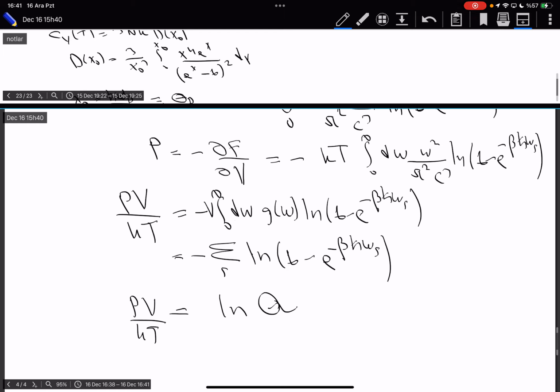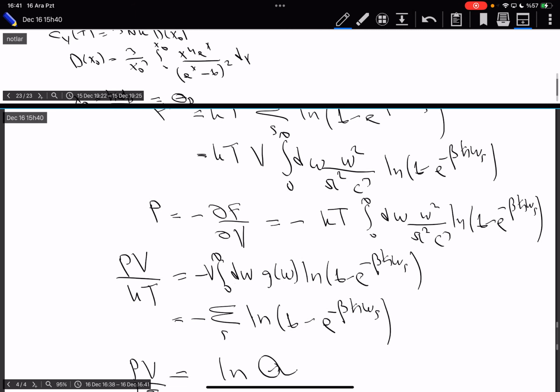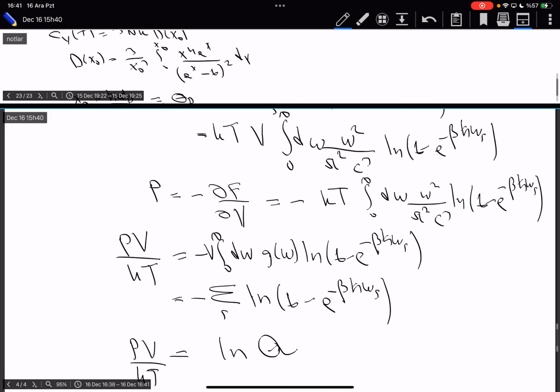Well, then, of course, evaluating the integral, you can find how the pressure changes with temperature, but I would like to mention one thing.